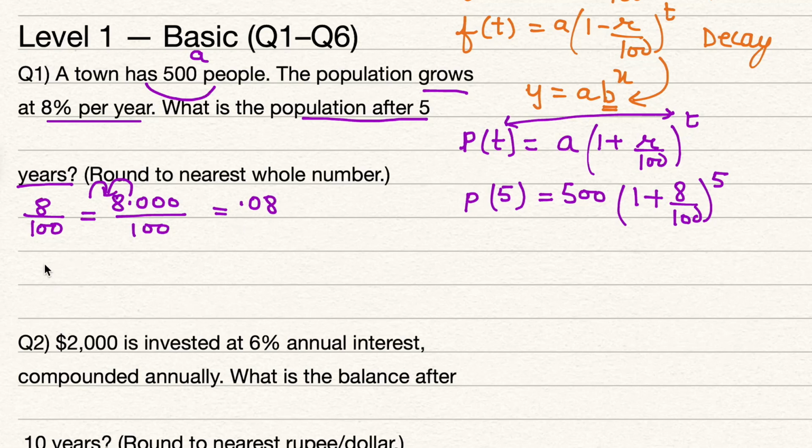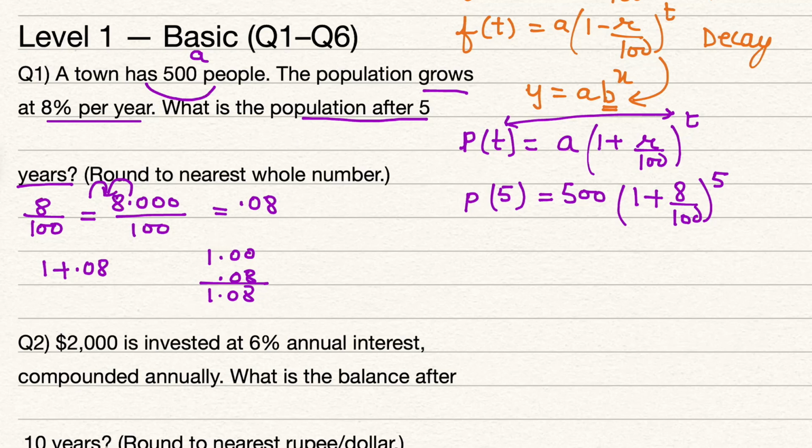Concept number 2, if I have to add decimals. Always remember, if it is a whole number and you have to put a decimal, it's like this. And when we add or subtract, the decimal should be below the decimal. So it's 0.08. So now it is 1.08, right?